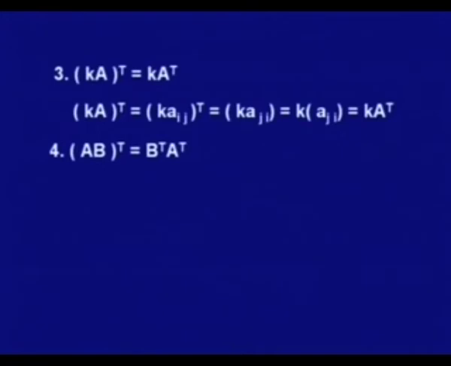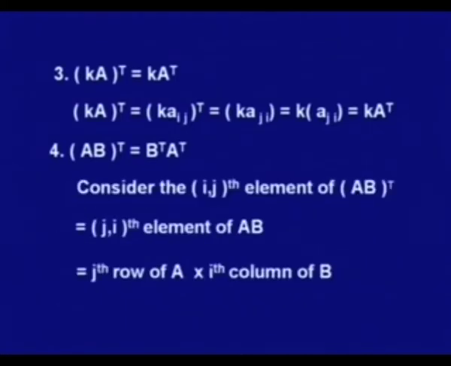Next is (AB) transpose, that is, multiply the two matrices A and B and then take the transpose, which is the same as taking the transpose of B and then multiplying it by A transpose. I consider the ijth element of (AB) transpose.